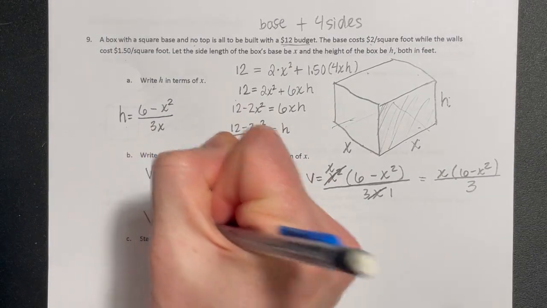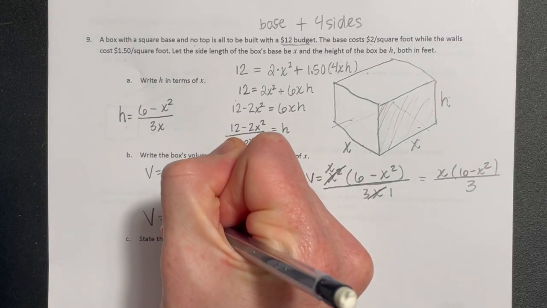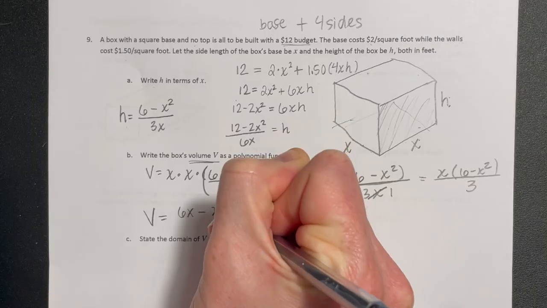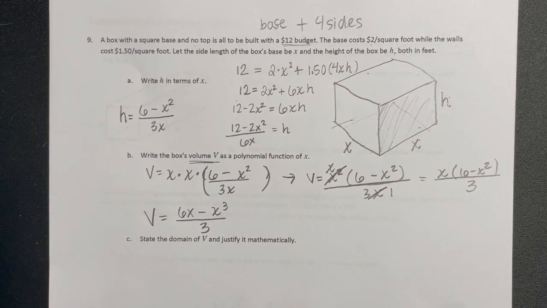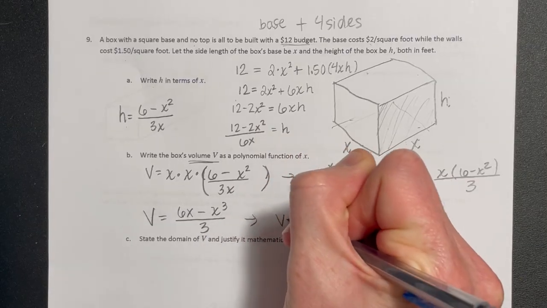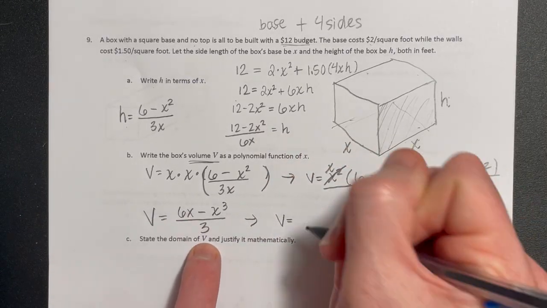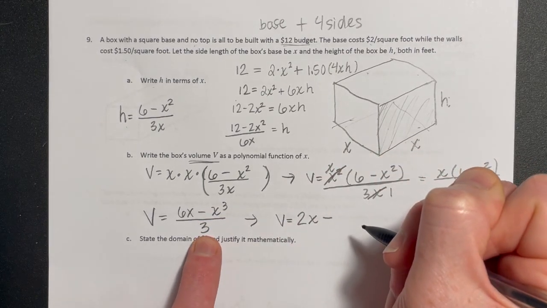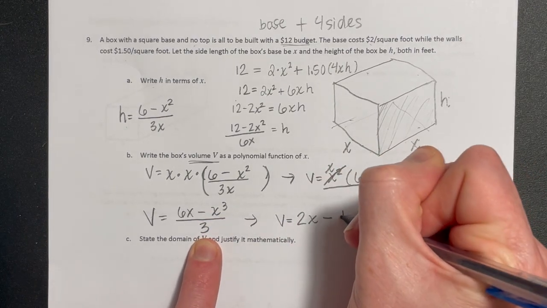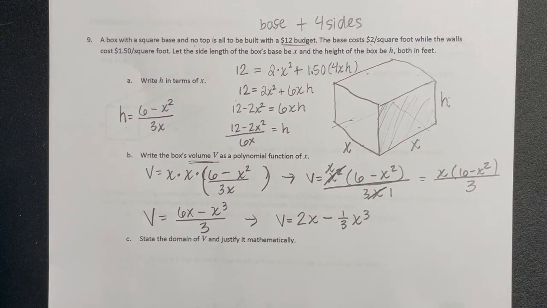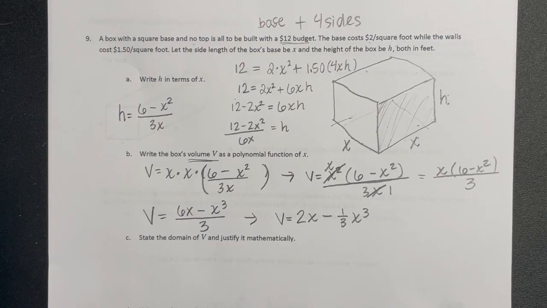And I can make that a little bit cleaner by distributing and getting 6x minus x cubed divided by 3. If you want to write that in a standard form equation, 6x divided by 3 would be 2x, minus 1x cubed divided by 3 would be 1/3 x cubed. So there's a volume function for that polynomial.